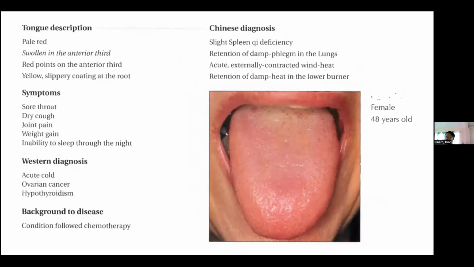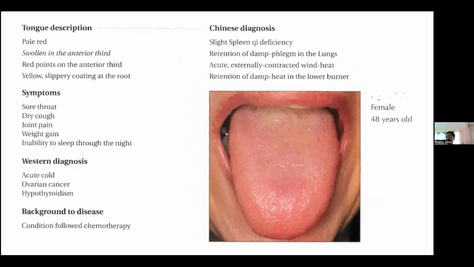Next patient is a female, 48 years old. The tongue is pale red, which is presence of slight spleen Qi deficiency, swollen in the anterior third, so there's a retention of damp phlegm in the lungs. There are red points in the anterior third, so there's acute externally contracted wind heat.